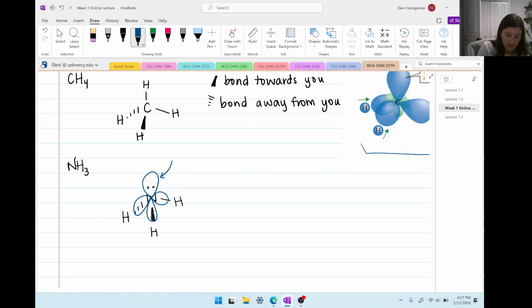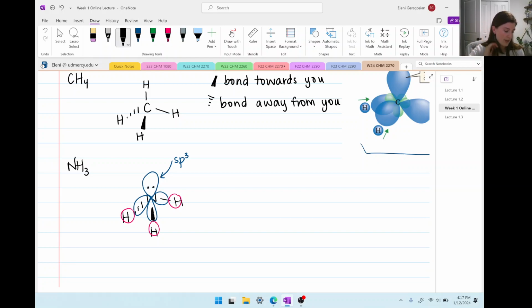Notice I'm leaving off that small other lobe because that's not the one involved in bonding, and usually those are left off. The hydrogen 1s orbital overlaps with the nitrogen sp3 orbital, and that's where we have a bond.